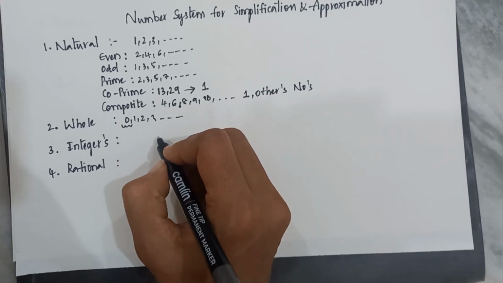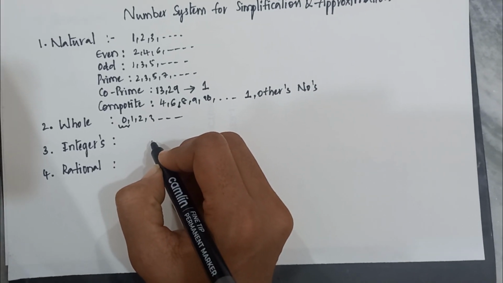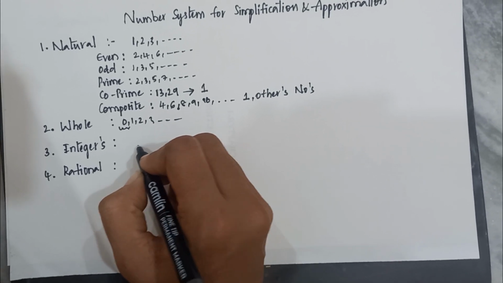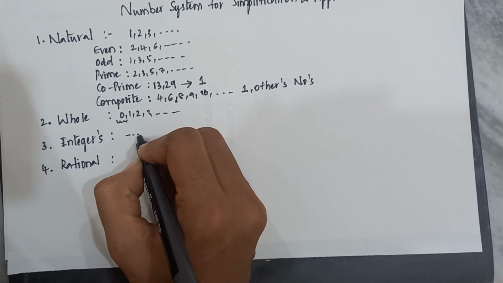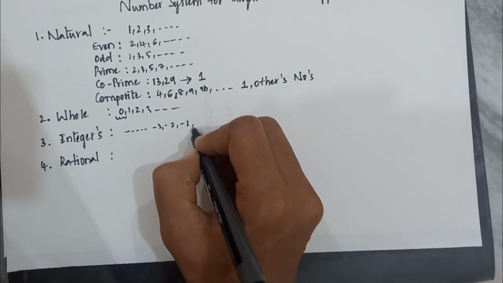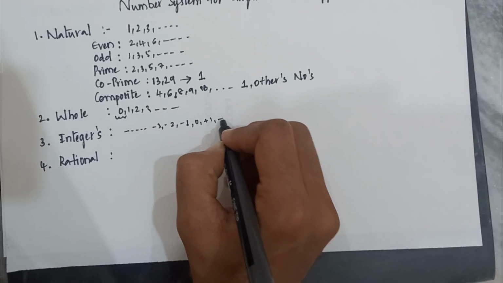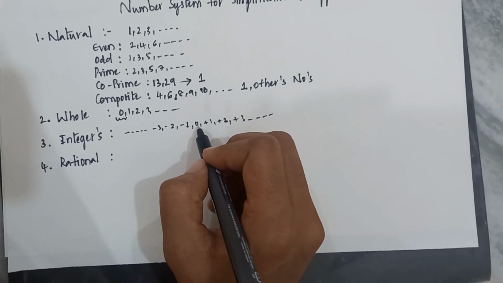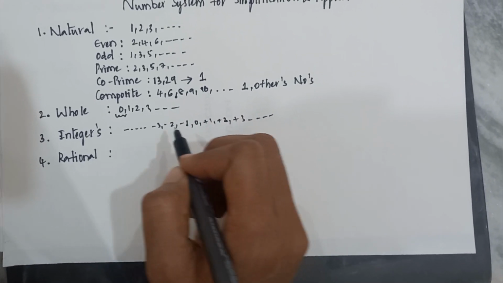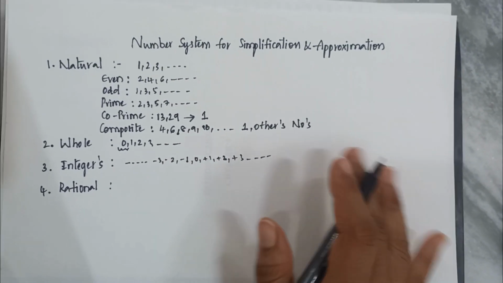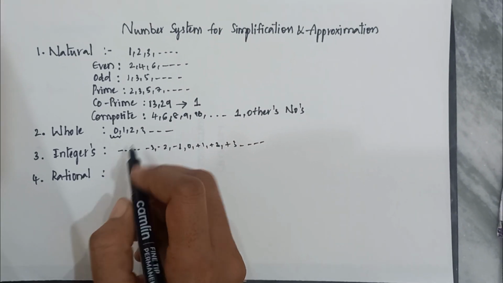Integers are the mix of whole numbers plus negative natural numbers, like -3, -2, -1, 0, +1, +2, +3 and so on. So it has whole numbers and negative natural numbers. Those numbers are integers.